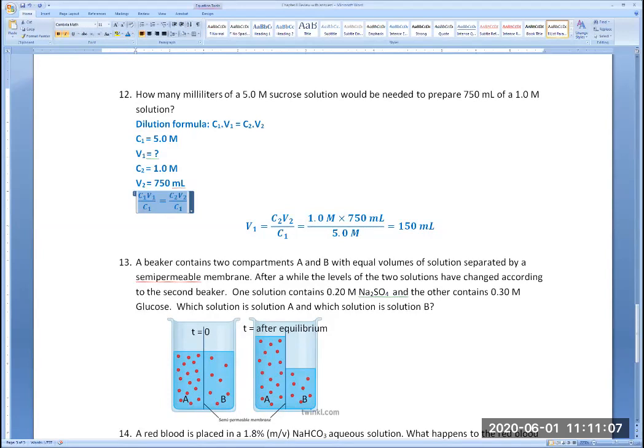You place in there the 150 milliliters of the stock solution of your 5 molar sucrose solution, the one that is very concentrated. And then you fill up the flask with water up to the 750 milliliter mark. You swirl or mix it, and there you go. You have your diluted solution, 1 molar, and you have 750 milliliters of it. So that's how we do dilutions.